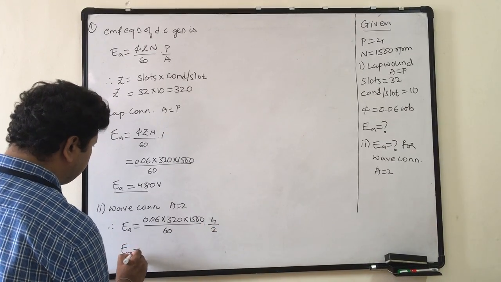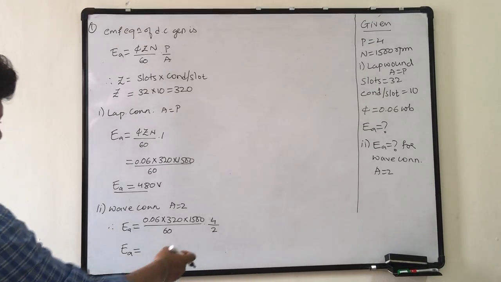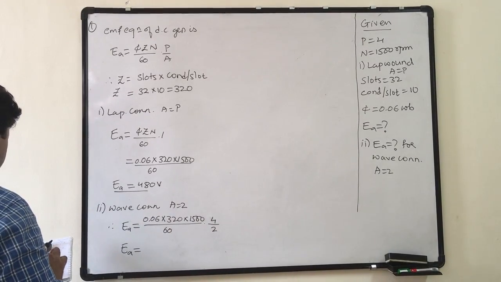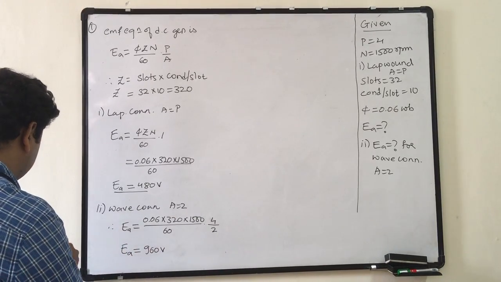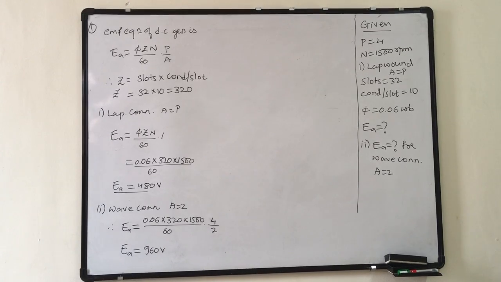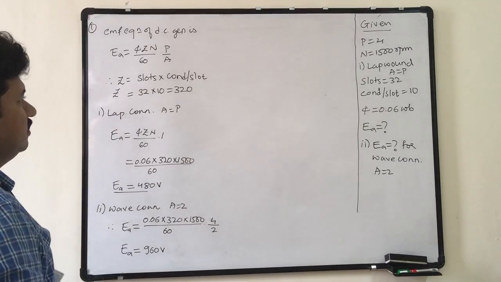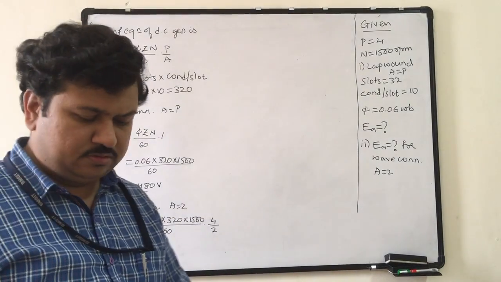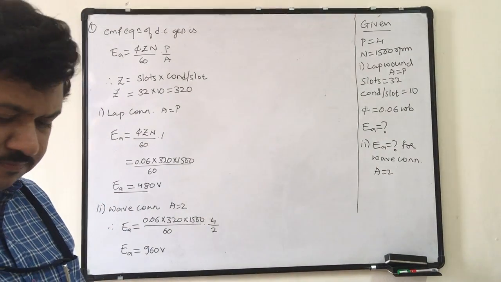So this EA will be 480 multiplied by 2. It will be double, because 4 by 2 is 2. So it is 960 volts. This is how to substitute for the solution. Now we'll move to the next example.